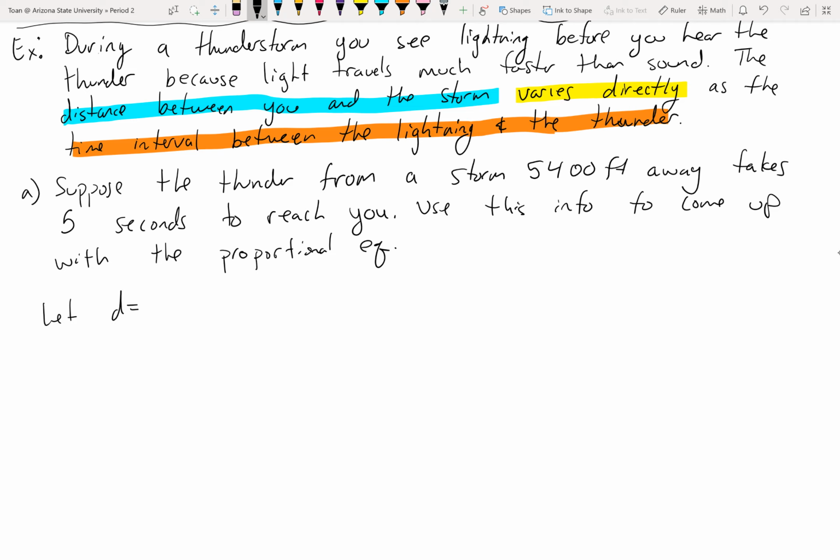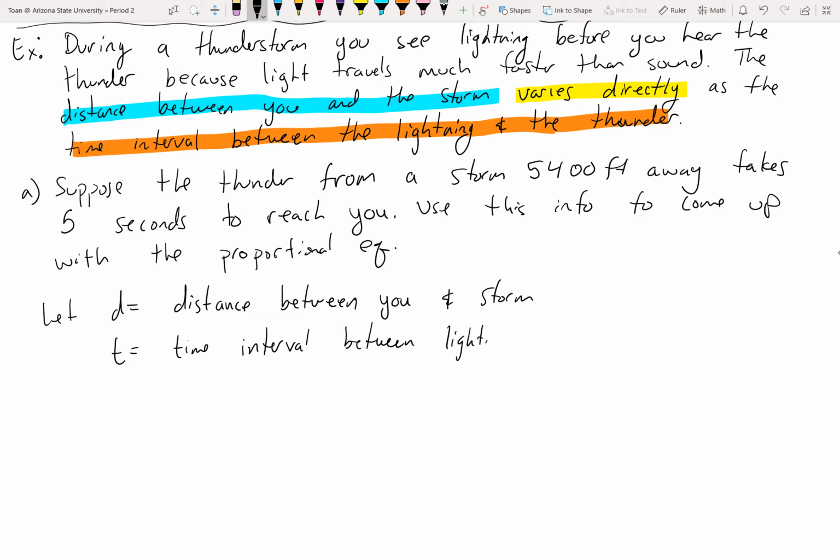So I'm going to let D equal the distance between you and the storm. Now I need a variable for the orange, the time interval between the lightning and the thunder. What would be a smart variable to use? T. Let T be the time interval between lightning and thunder.